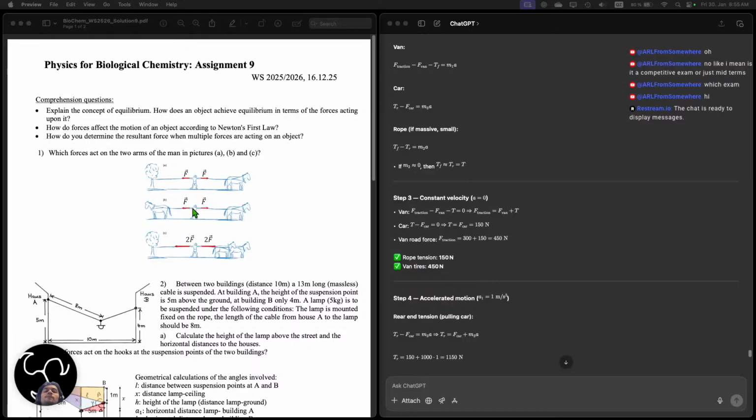Dude, what's Newton's first law? I don't remember. How do you determine the resultant force when multiple forces are acting on an object?